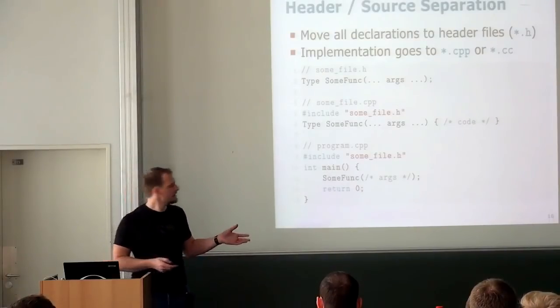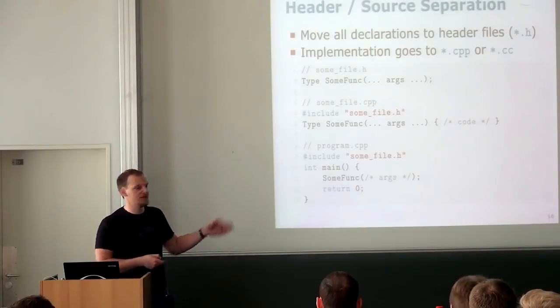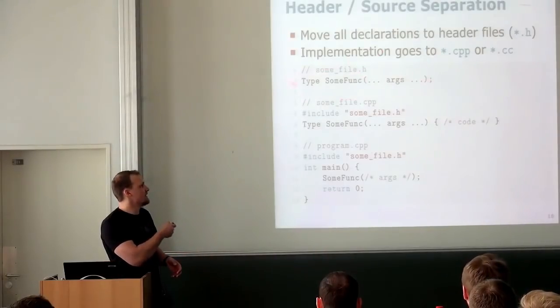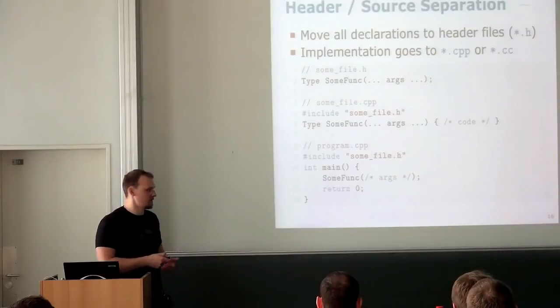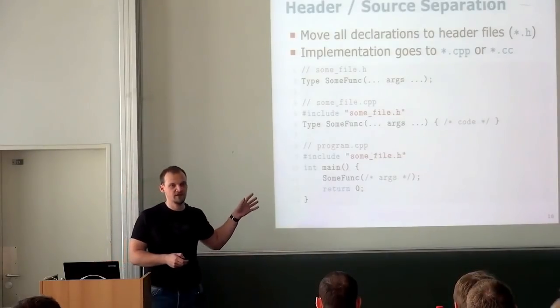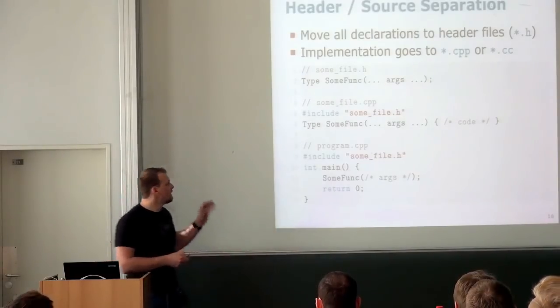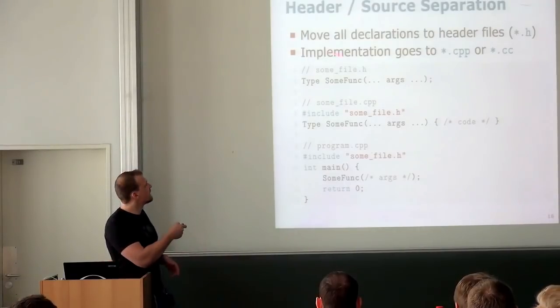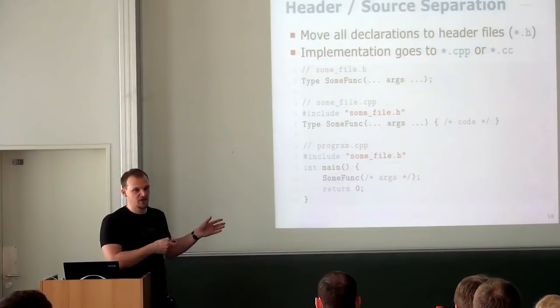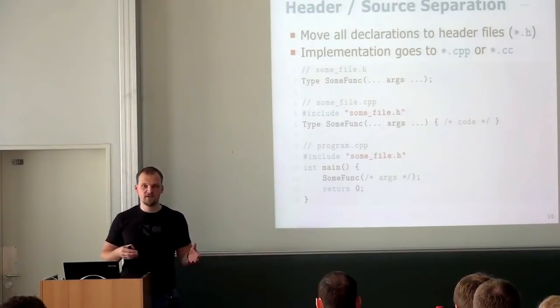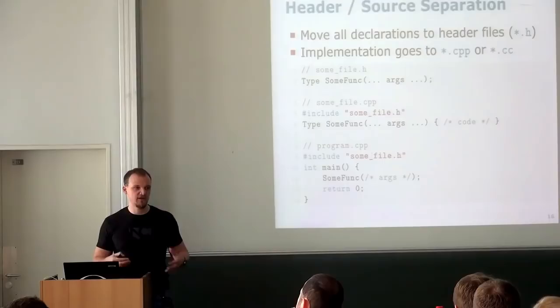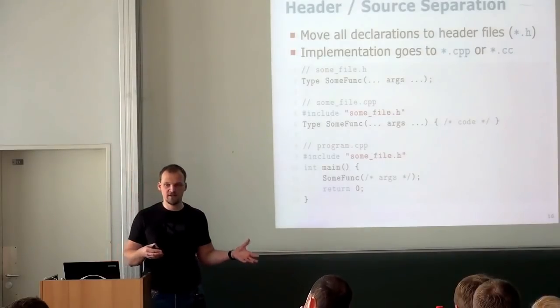It looks just like this. So we've seen it already in the example. We have some declaration, we have some definition, and we have some using of this function. This is a very classical pattern that you see. The only difference here is in the comments over there. So this happens in some file.h. Usually you put the declarations of the functions into a header file, and it usually has an extension .h.